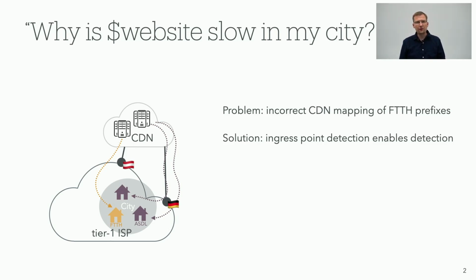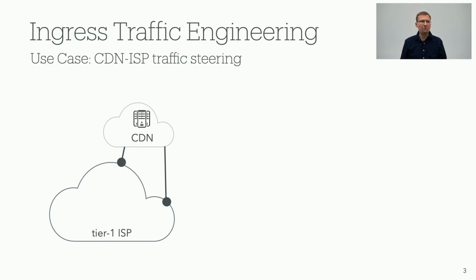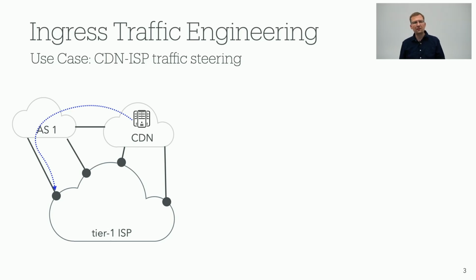Another use case for ingress point detection is to implement better ingress traffic engineering schemes. One use case might be joint CDN ISP traffic steering. That's a scenario where both the ISP and the CDN collaborate to find a jointly optimal ingress point for receiving traffic.